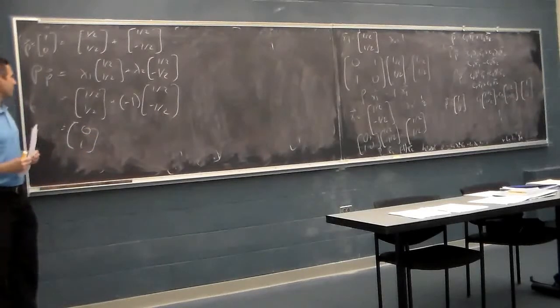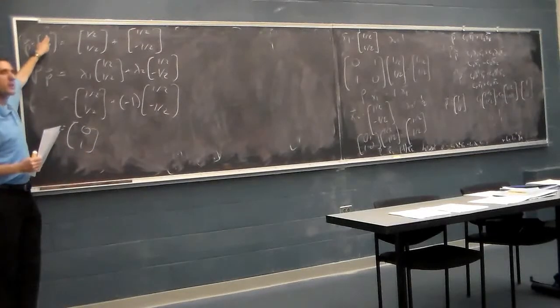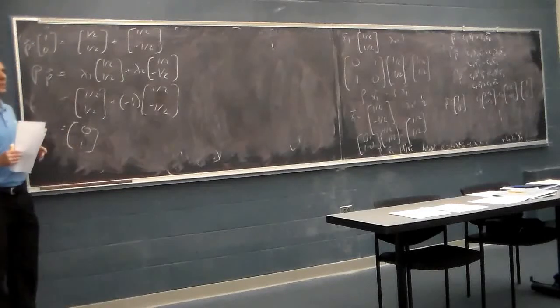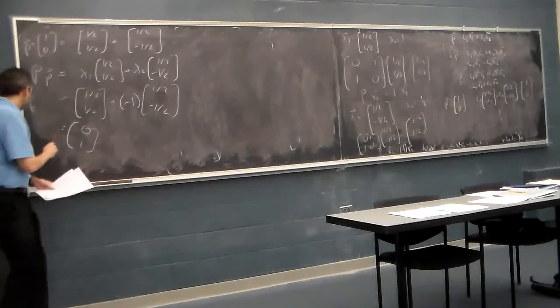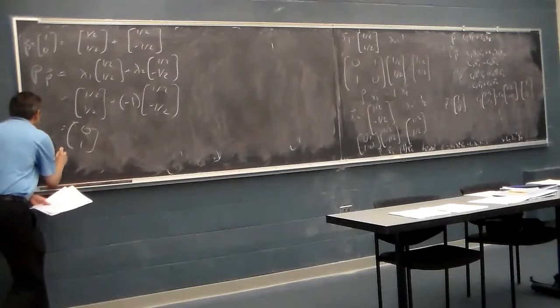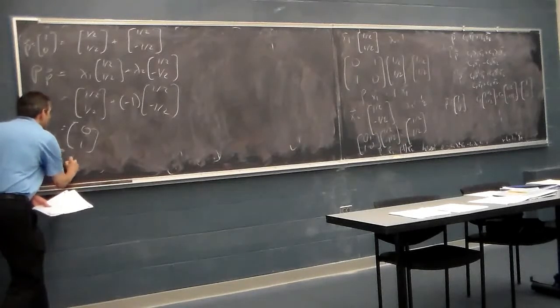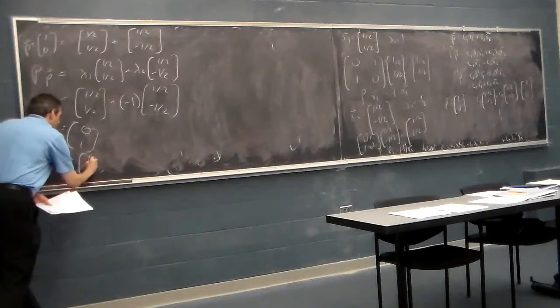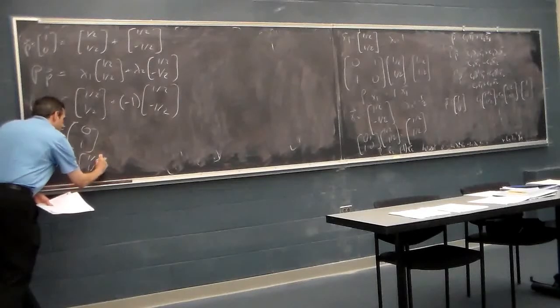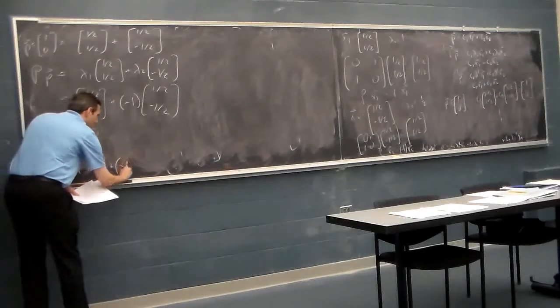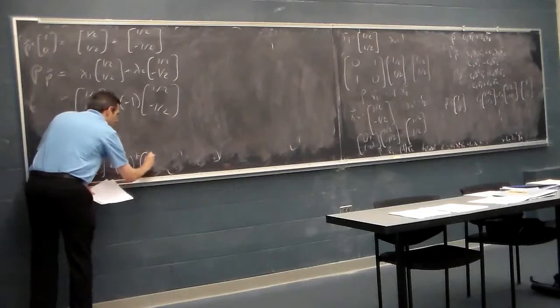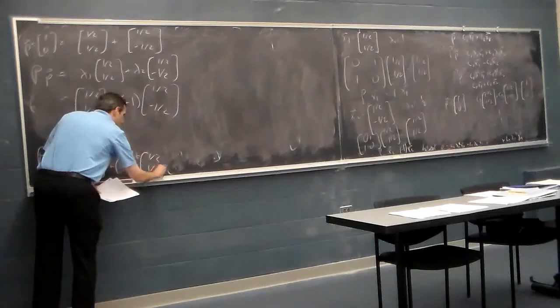So if you start in state 1 with probability 1, on the next step you're in state 2 with probability 1. And we can say in the general case, p to the k times p will be equal to 1 half, 1 half plus minus 1 to the k times 1 half, minus 1 half.